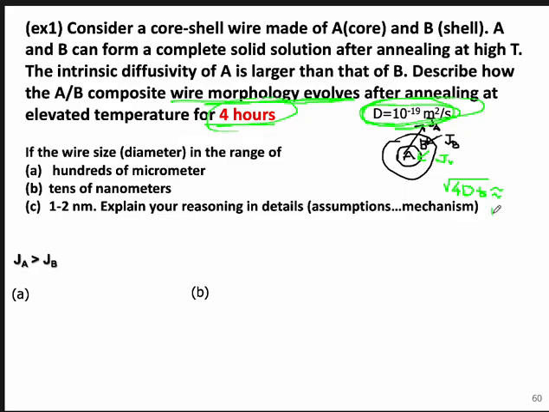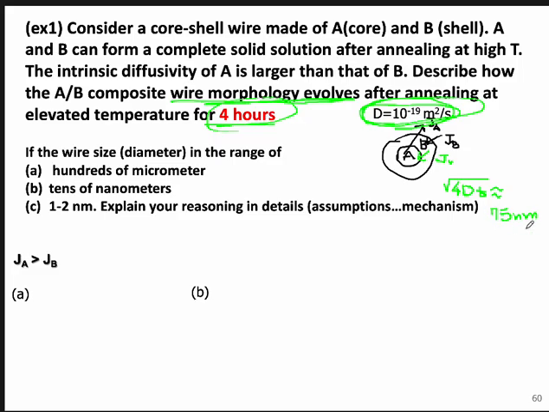So the result is around 75 nanometers. That is the square root of 4 times the diffusivity, 10 to the negative 19, times the time. For 4 hours, you times 60 to get minutes, then times 60 again to get seconds.